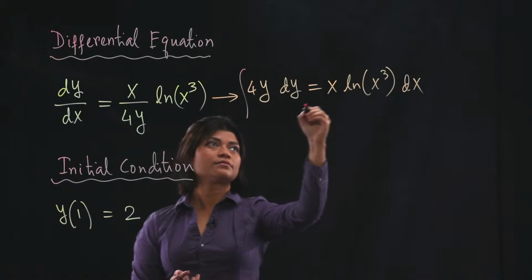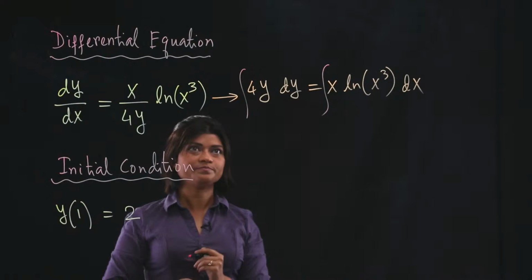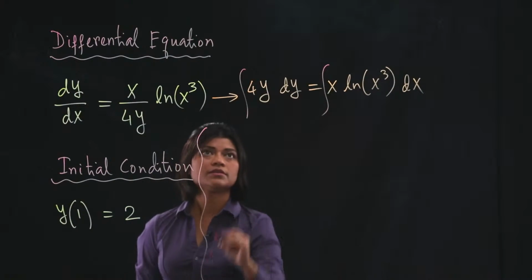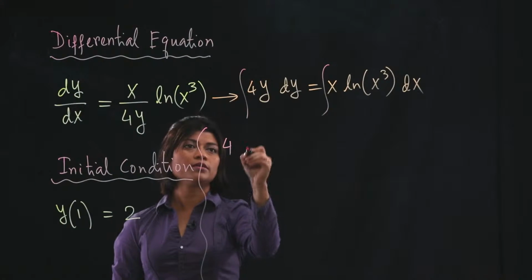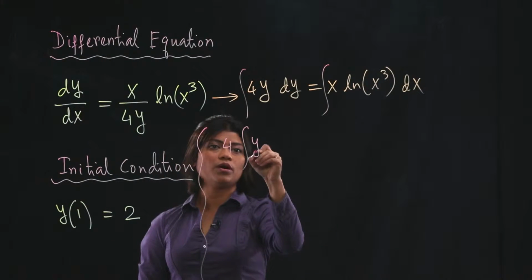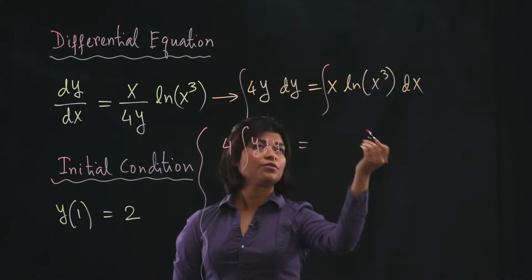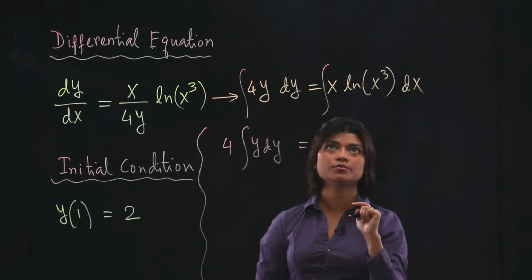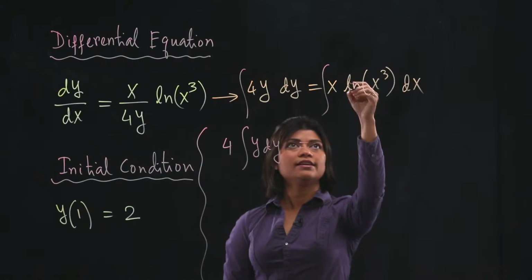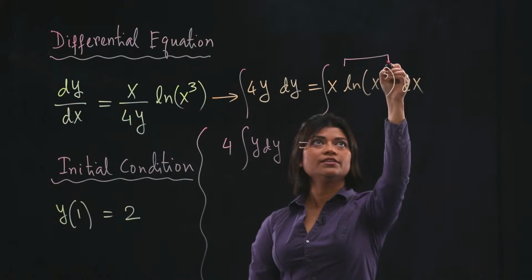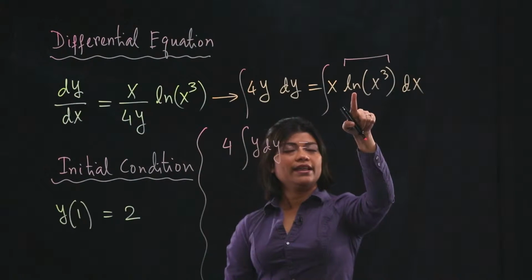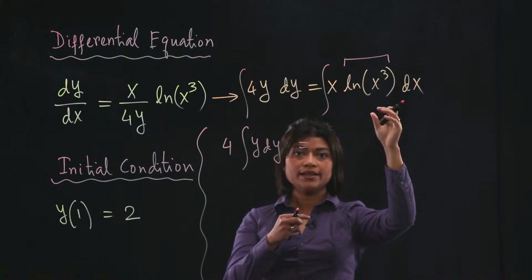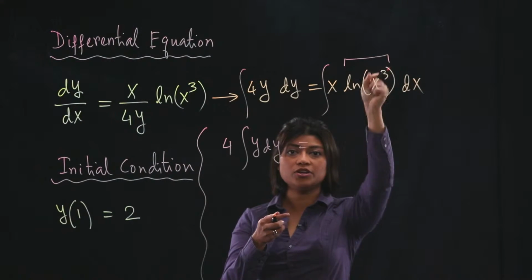So let's integrate. Okay, so for the left hand side, you pull out 4 and you will have integral y dy. Right hand side, you have x times natural log of x cube. Notice that natural log has this property that ln of x cube, since this 3 is in the power, natural log brings the power down.